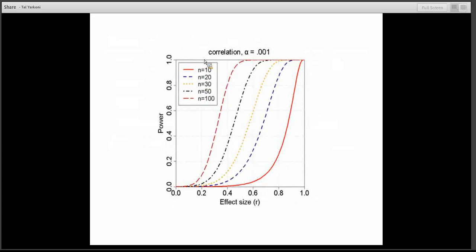So these are the power curves for a correlation, at a threshold of p equals 0.001, which is sort of the modal threshold. Say you're trying to detect an effect of 0.3, which is a sizable correlation. Well, if you have 100 subjects, which was out of the reach of most fMRI studies, you still only have about 40% power to detect that effect.